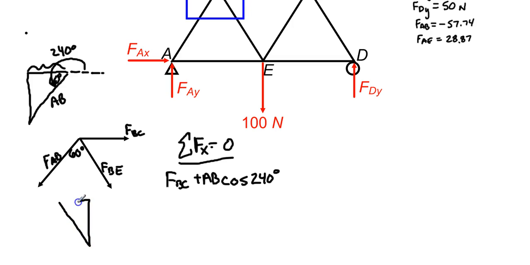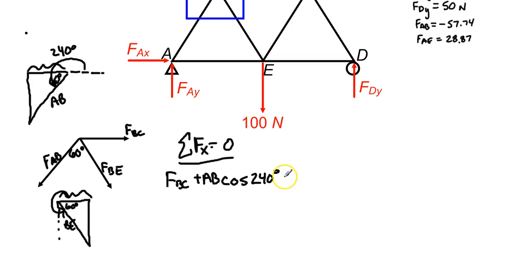We need to also do the same thing over here for this diagonal. Similar process. Here's my 60-degree angle. But again, I need to wrap all the way around until I hit my vector. And in doing so, if I wrap all the way around to this dotted line, that's 270, and I need to add another 30 in order to get to this vector. So 270 and 30 is going to be 300. So when we write this X component, again, it's still the cosine function that relates it. This is BE, this vector down here.